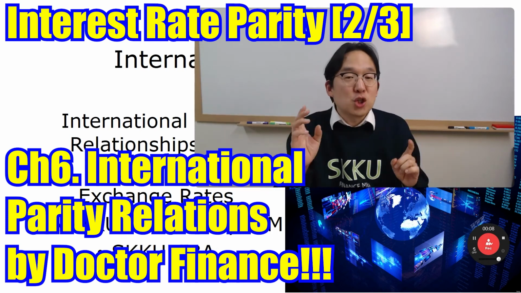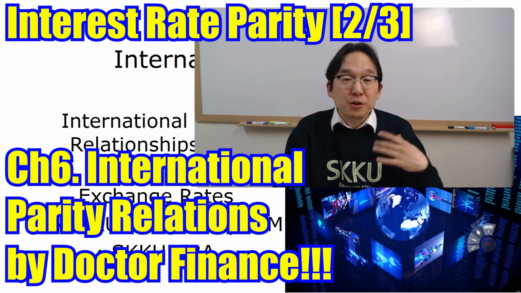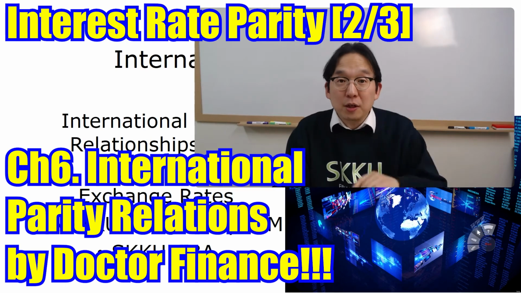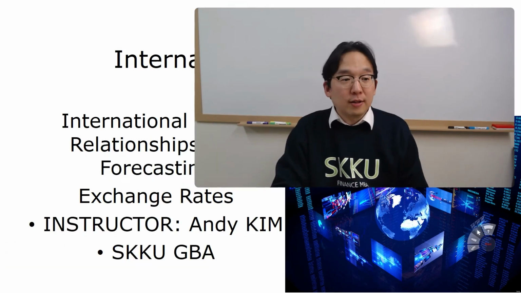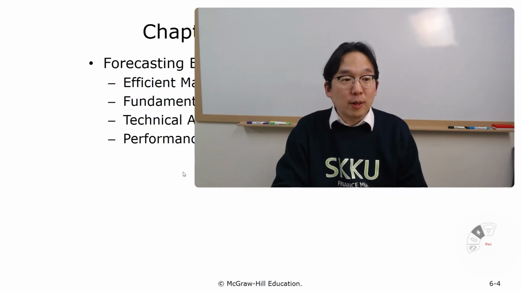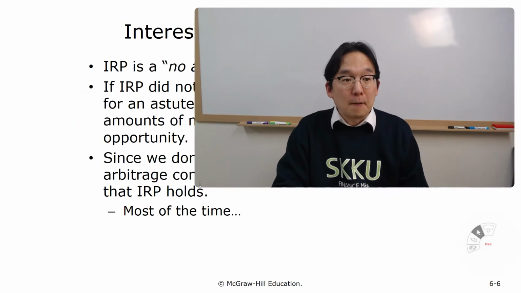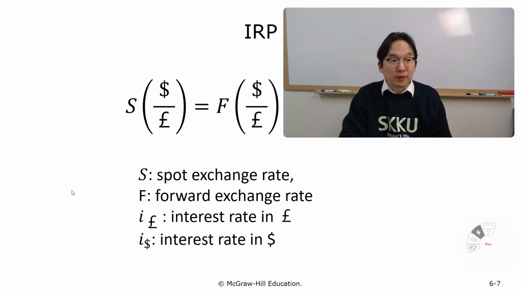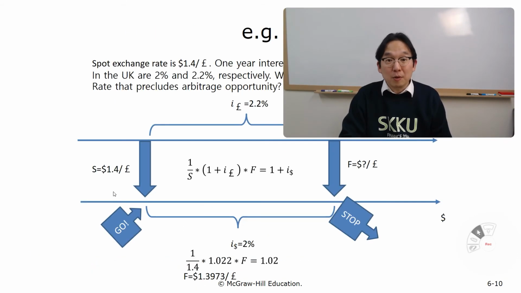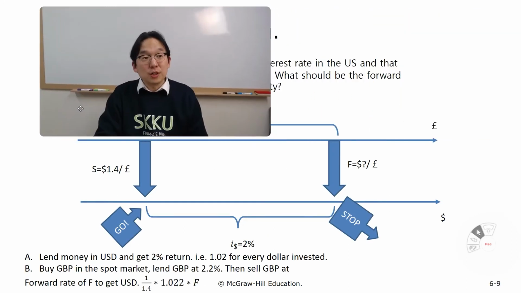This is Chapter 6, International Parity Relations, the second part of my lecture. And in the last video, we talked about the concept of interest rate parity. We talked about the equilibrium concept and no-arbitrage conditions.